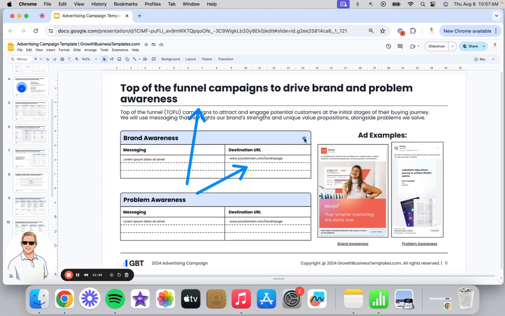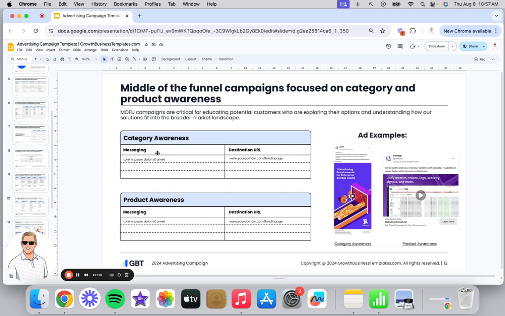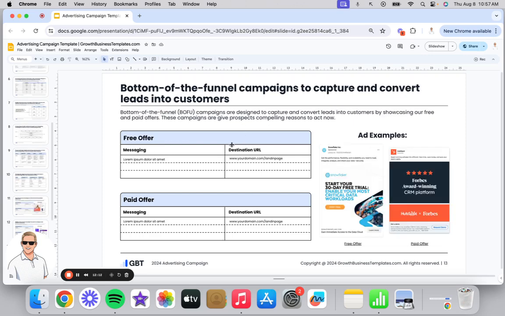This is just to help bring clarity to what your ads will look like or could look like, and then the messaging and destination that you'll be sending your visitors to. Same thing goes for the middle of the funnel and then bottom of the funnel. And really this whole deck is an ad campaign template to lay out your plan so that you get approval on the plan and then you can go execute on it.